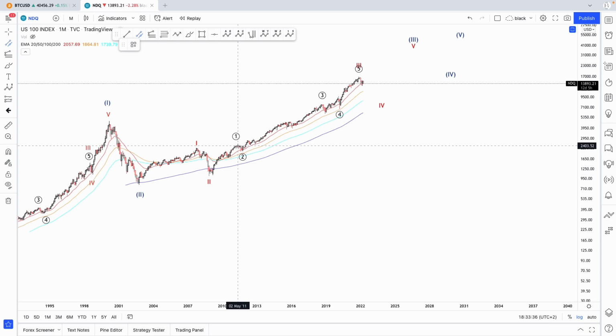Well, you could have taken the parallel channel tool on TradingView, but you can use any other platform that you prefer, and then connect it to the end of wave 3.